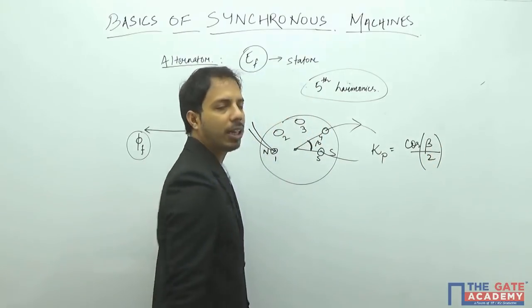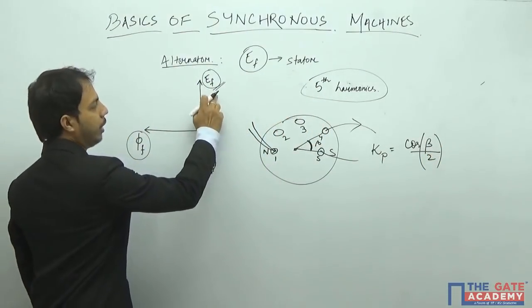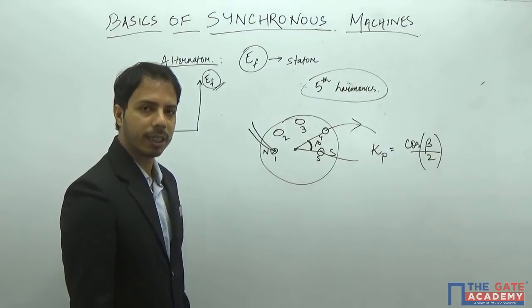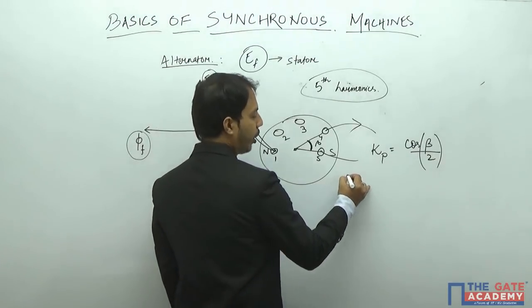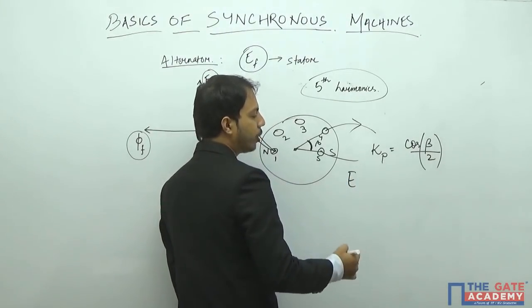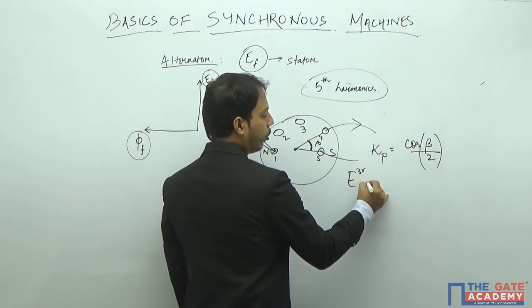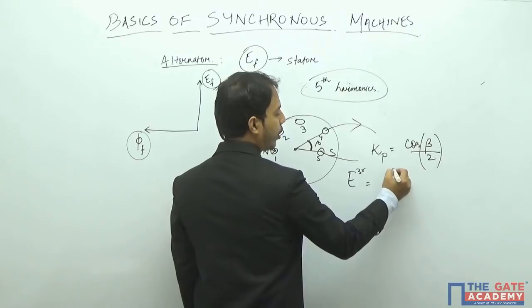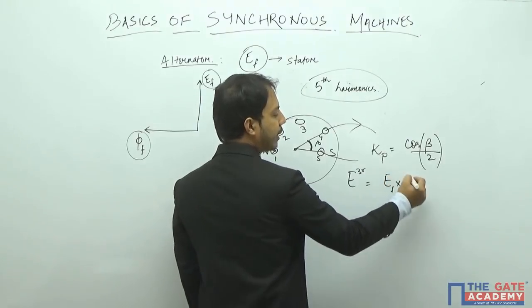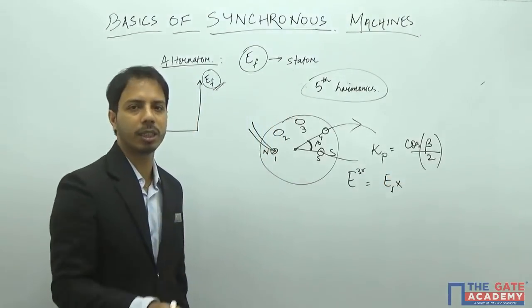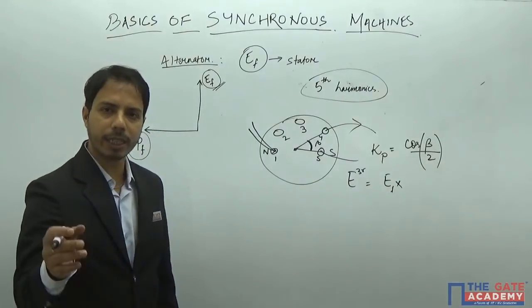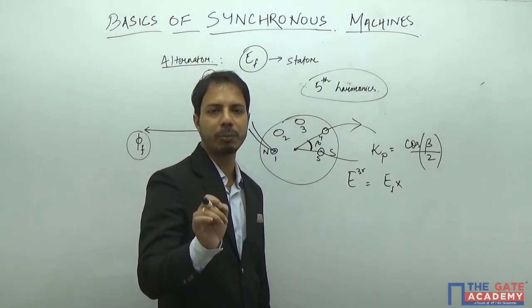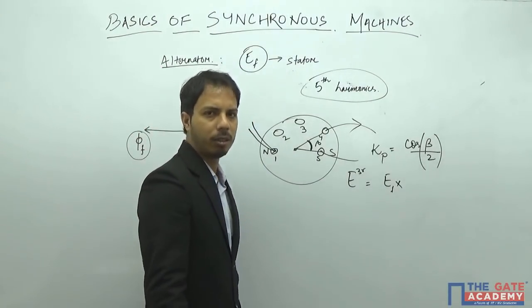Now this is for the fundamental EMF which is produced. For other harmonic EMFs, suppose the induced EMF for third harmonic will be the EMF into third harmonic, into Kp and Kd for the third harmonic. Kd also we can calculate for the third harmonic, we just have to multiply n with gamma.